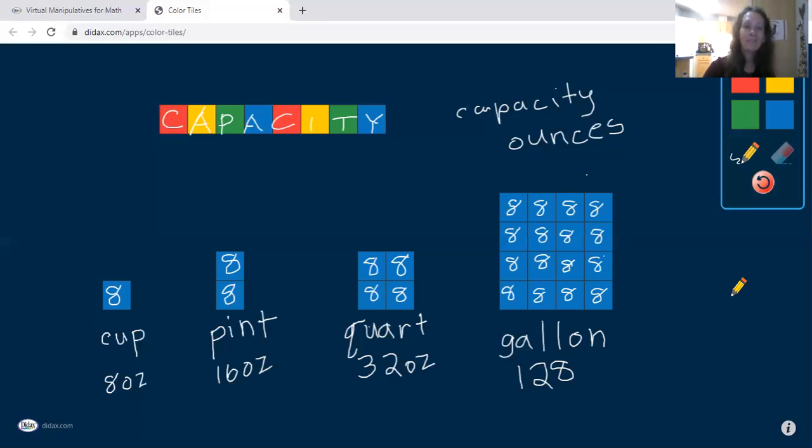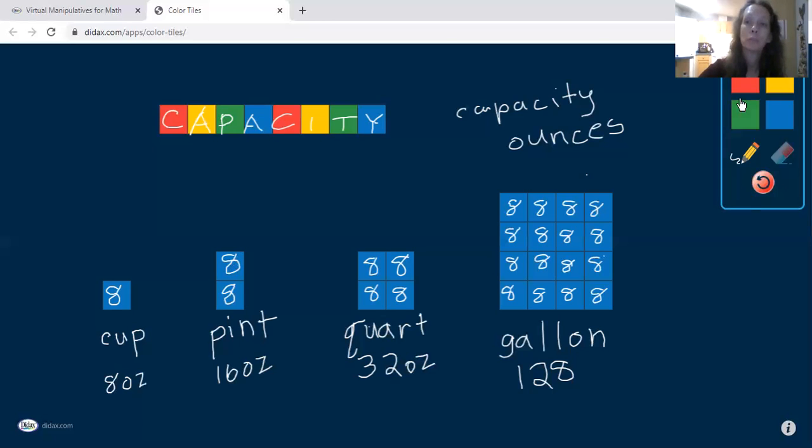Crazy, huh? So which one is bigger, a cup or a gallon? A gallon is bigger, isn't it? What's bigger, a quart or a pint? A pint is bigger, isn't it? How many cups are in a pint? Let's count how many squares. 1, 2.